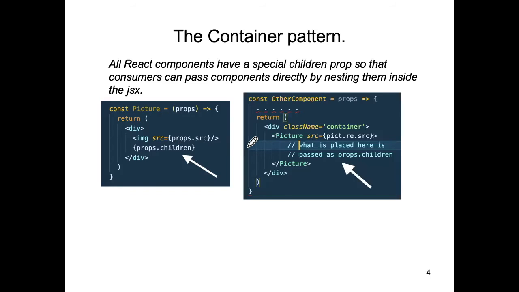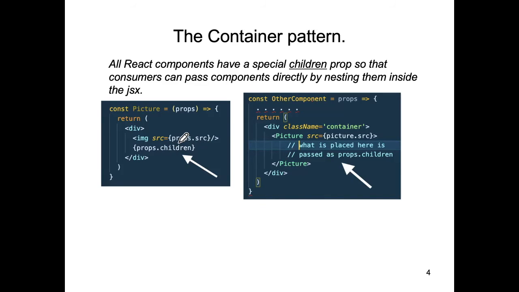On the right now, I'm showing you what I'm calling a consumer of the picture component on the left. And again, I've tried to keep it as simple as possible. So here's my consumer component, just call that our component. And it's using picture. And here's the picture opening tag. And here's the picture closing tag. So essentially, whatever JSX you put in here, that JSX is going to be bound to props.children.